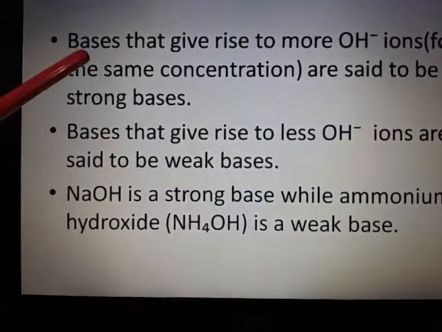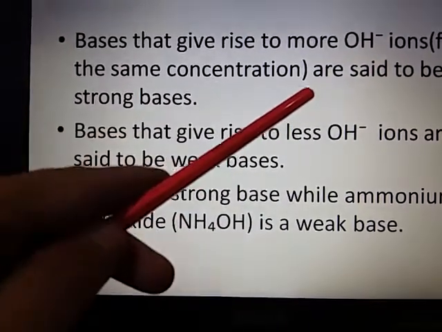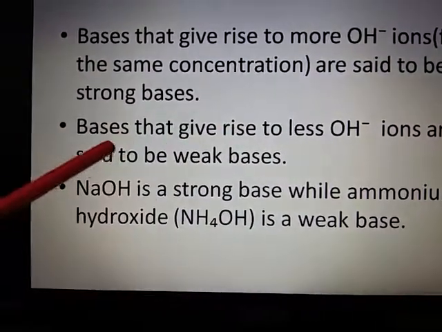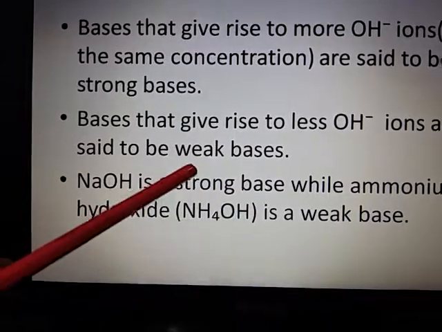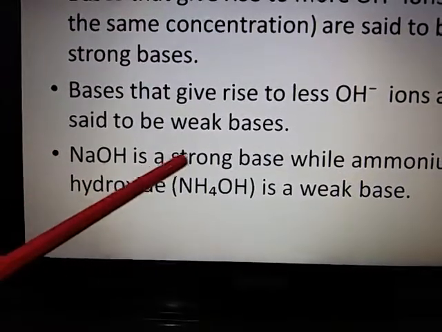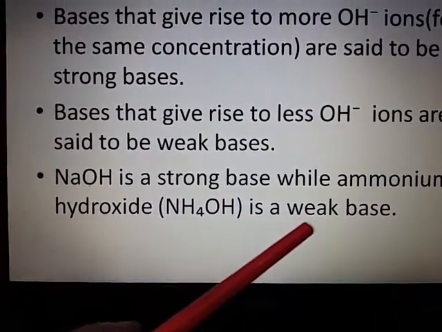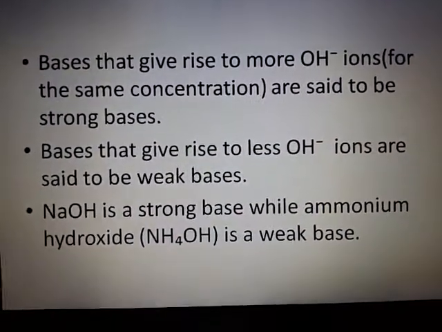Bases that give more OH minus ions are strong bases, and those that give fewer OH minus ions are weak bases. One example, NaOH is a strong base and ammonium hydroxide NH4OH is a weak base, right?